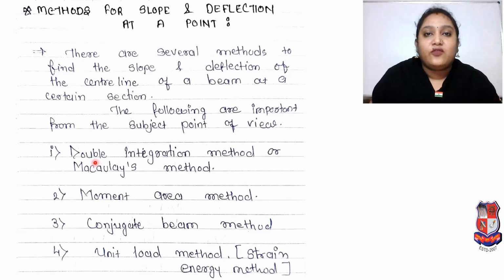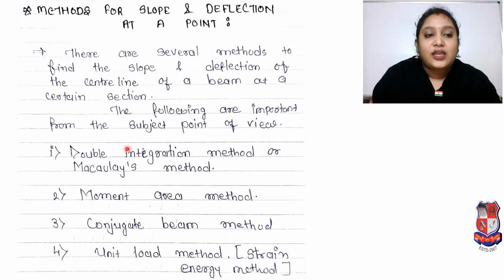As today we are going to discuss Macaulay's method, we have to understand which methods are used for slope and deflection. There are several methods to find the slope and deflection of the center line of a beam at a certain section.